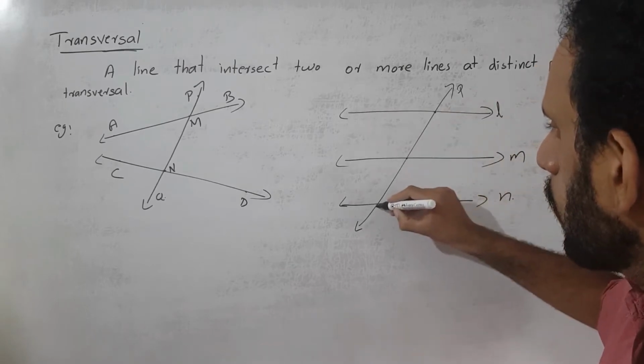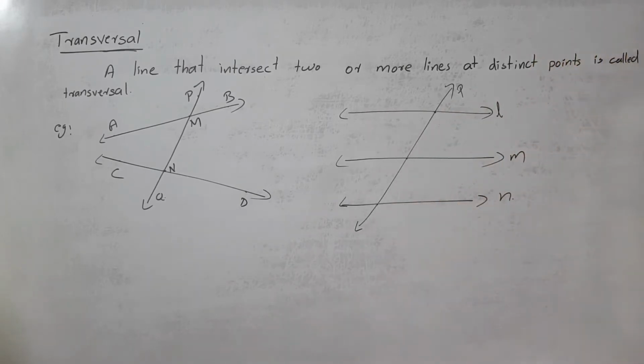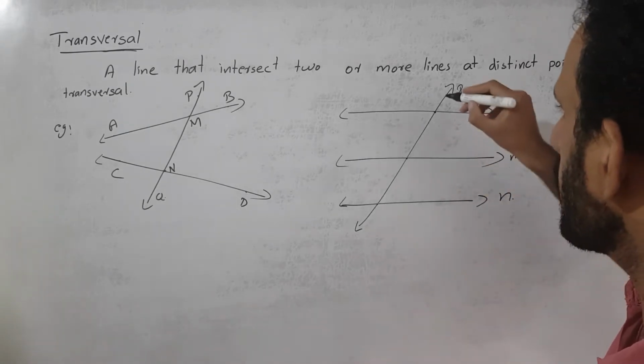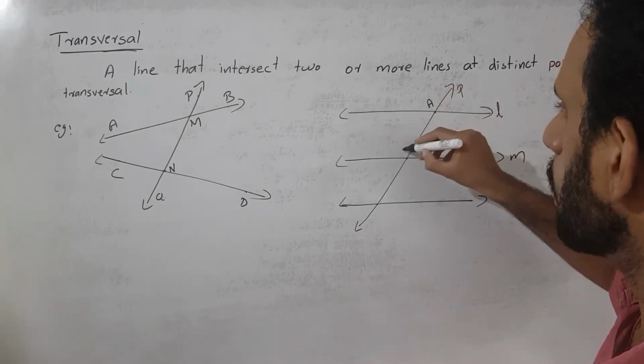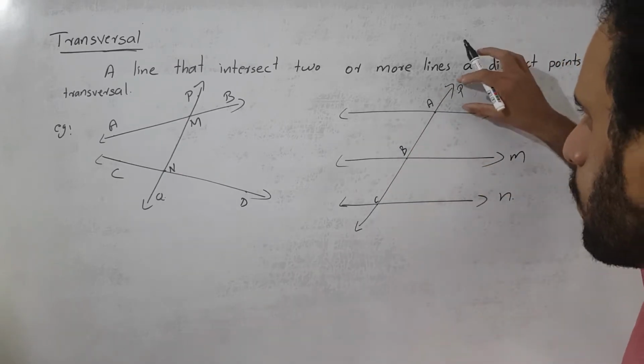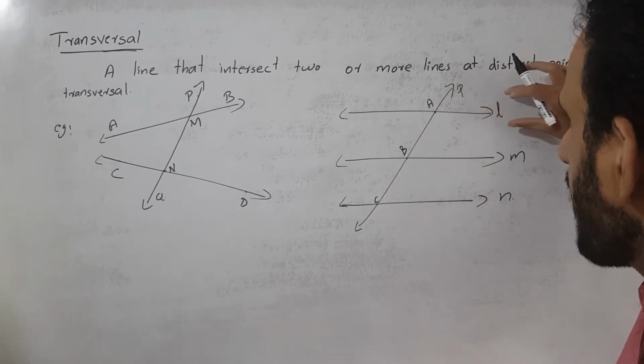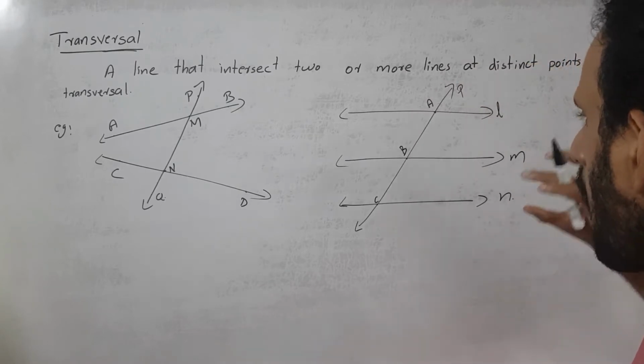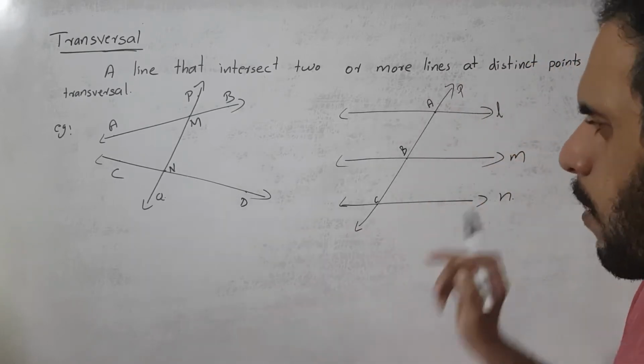Correct? Each line intersects at three distinct points. We name them A, B, C. Correct? The line PQ intersects the lines l, m, n at distinct points.